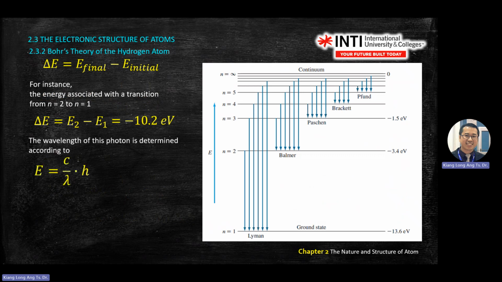So the wavelength of the photon, again, released energy. You release photon, not proton. Photon, P-H-O-T-O-N. And earlier, we know the energy equals hc divided by lambda. You rearrange the equation because the wavelength, this one you can read from the chart.